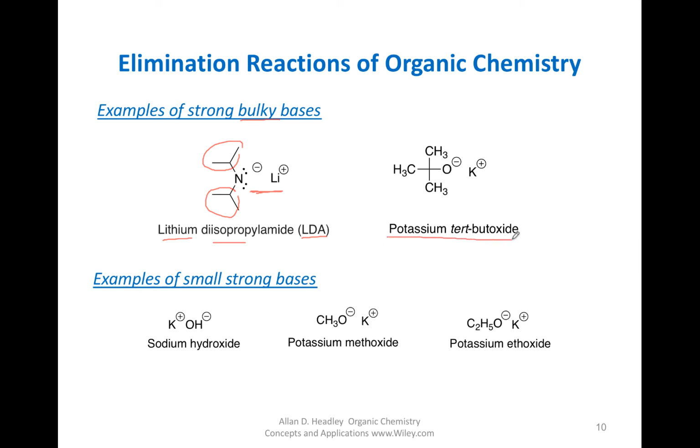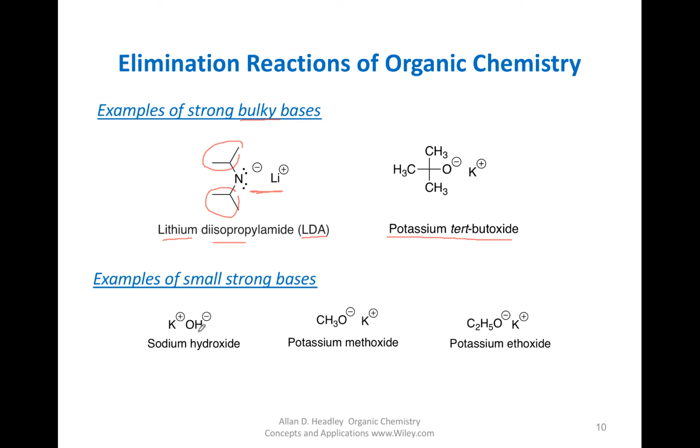Another bulky base, as you can imagine, is potassium tert butoxide. You may recall from Organic 1 that tert butanol is a weak acid. So if you can pull off that hydrogen that's bonded to the oxygen to create a salt, it's a conjugate base. Since it's coming from a weak acid, it's a strong conjugate base. So these are two examples of strong conjugate bases, strong bases that are bulky.